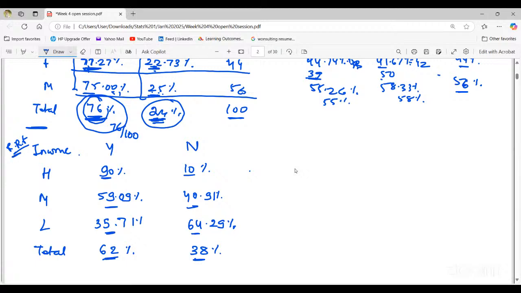This percent is some number divided by the row total. Here I'm having the row total, some value. I'm dividing this cell by the row total, then I'm getting the percentage value.